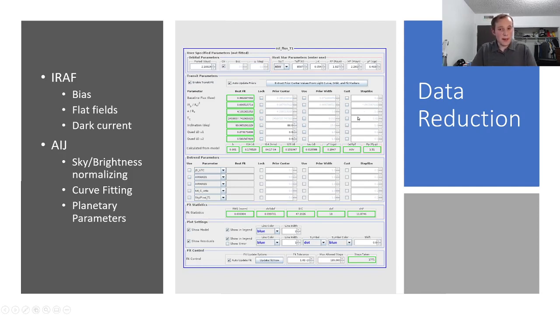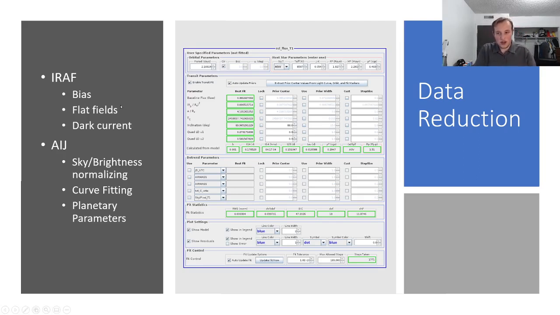But first, we have to get rid of some of our biases and our flat fields. As I mentioned earlier, each one of those quadrants has a different sensitivity to light, which means that we can measure the sensitivity by closing the shutters and just taking a raw picture of the black and measuring just sensitivity. We can then divide this out to get a normalized image with the bias taken out.